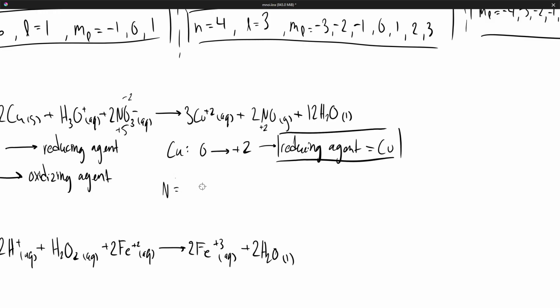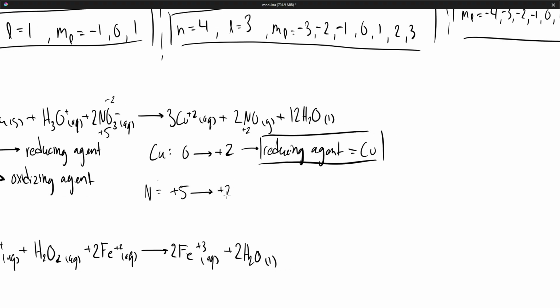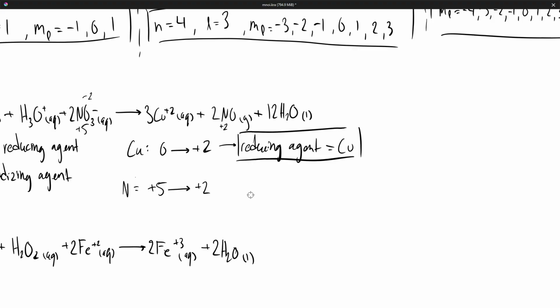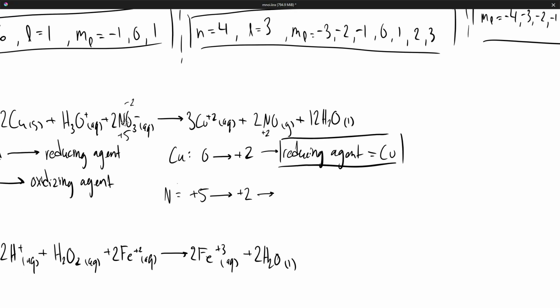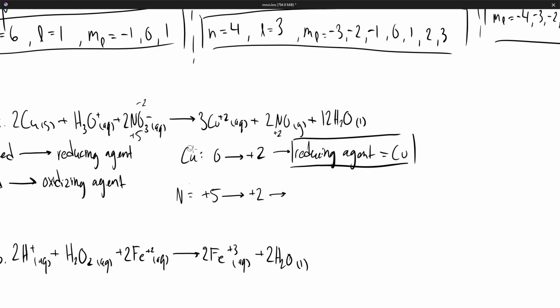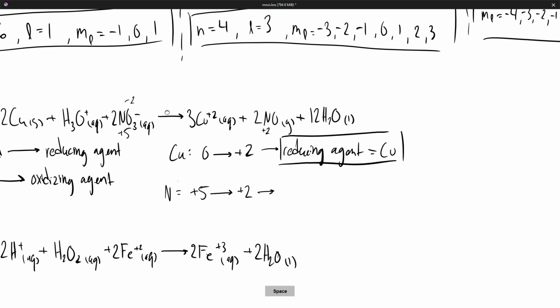So nitrogen is going +5 to +2. But when you're looking at agents, you want to highlight the whole species or the whole molecule it is a part of, not just the single atom involved. Like for the reducing agent, it was copper, but that's by itself. So that's why it's only just copper.